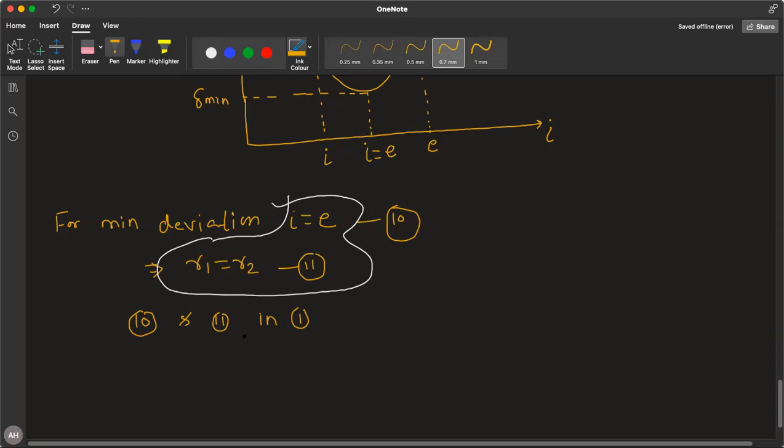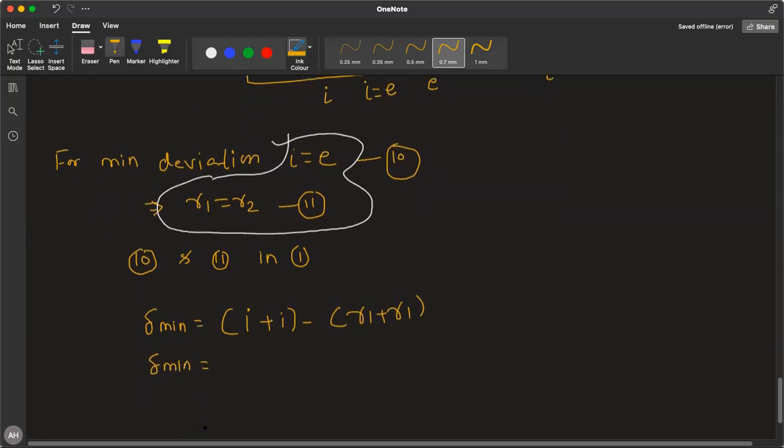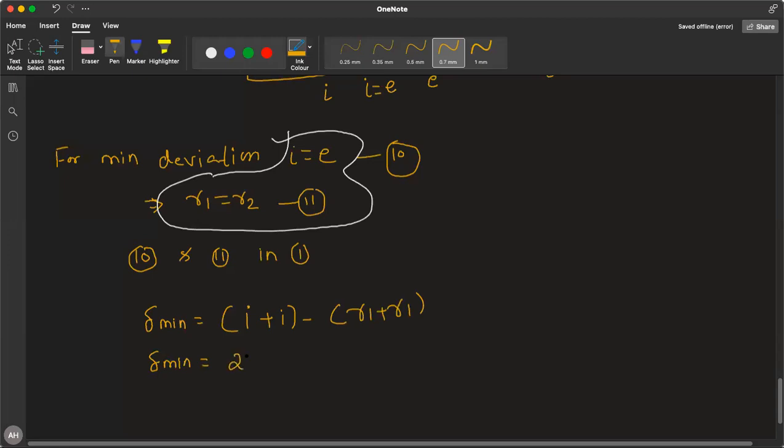So when you substitute, you get delta minimum is I plus E, so you can write I in place of E, minus R1 plus R2, so you can write R1 plus R1. So you will get delta minimum is 2I minus 2R1. That is equation number 11. That's one equation.